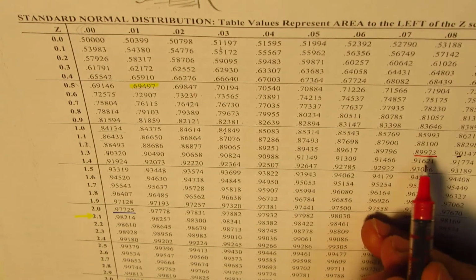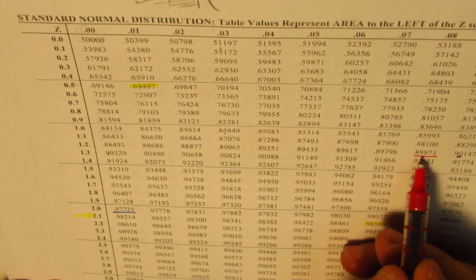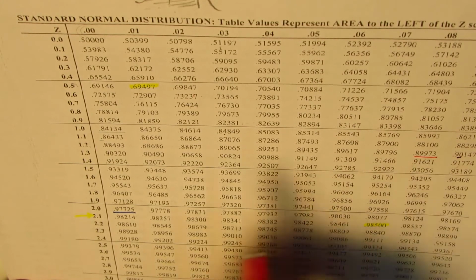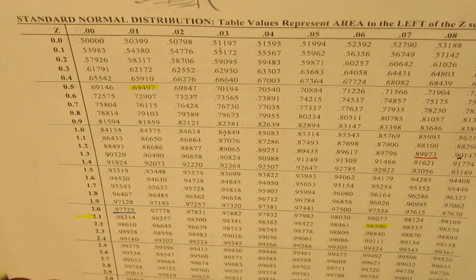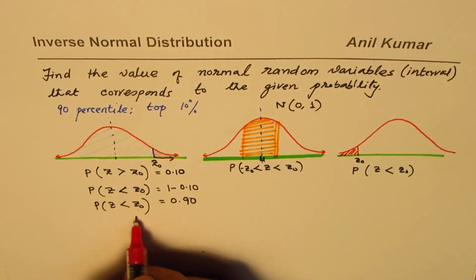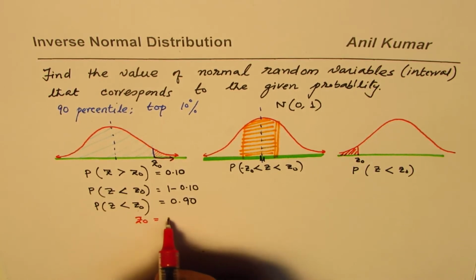So we are reading from the standard normal distribution. This probability corresponds to z-score of 1.28. Do you get the idea, right? So that is inverse normal distribution. That gives us z-score. We say this is for z-score of 1.28, right?